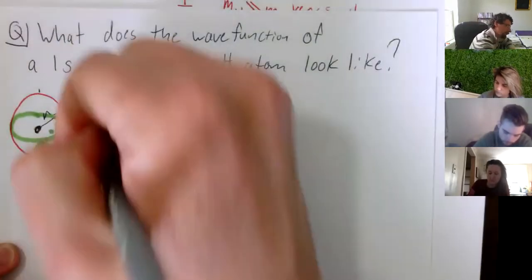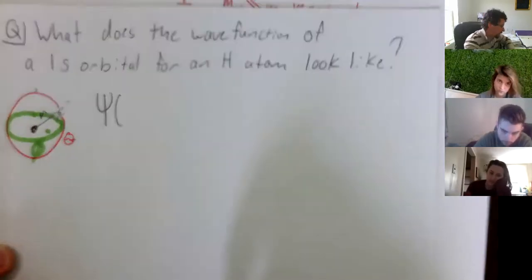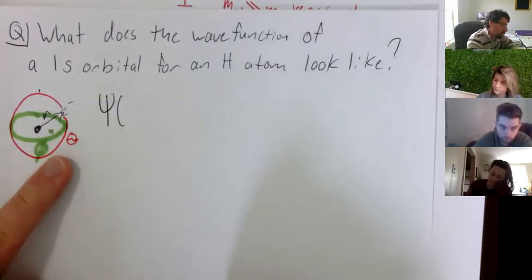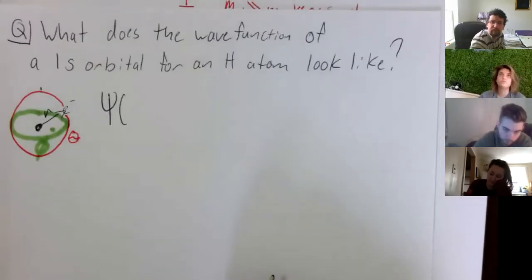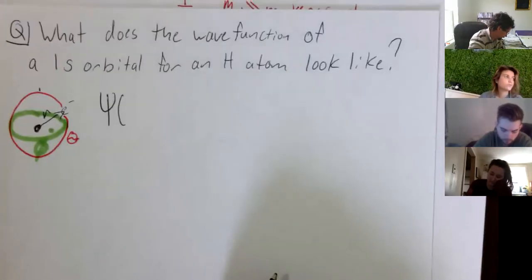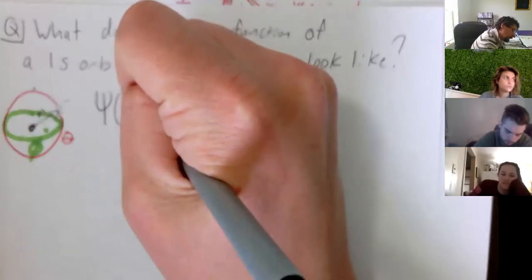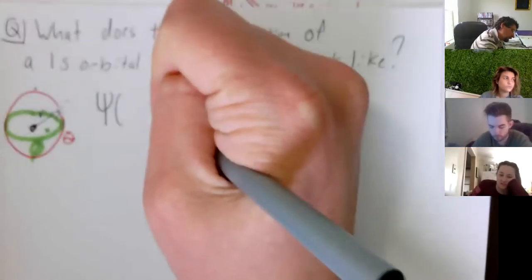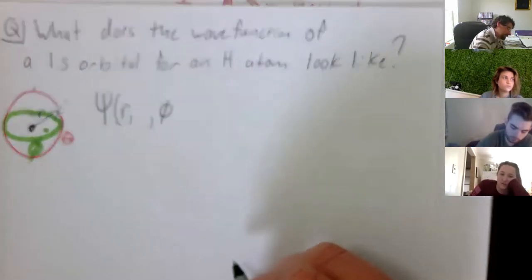Okay, so now we have to determine what this wave function is going to look like. What does the wave function depend on? We've got r, the movement of the electron, and what else?